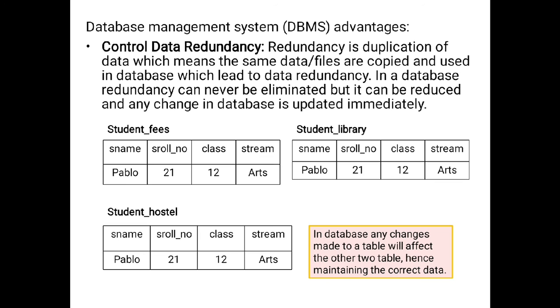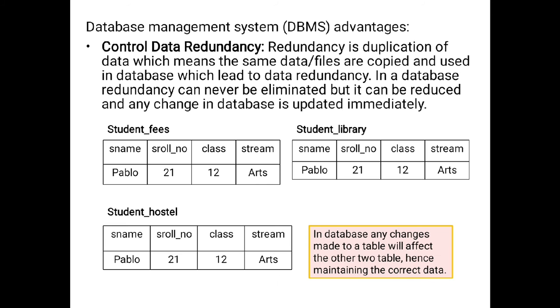In the student fee structure, suppose the student Pablo has paid the fees, that will be reflected in the student library and student hostel. Or, as a more practical example, suppose the student name changes from Pablo to Pablo Smith, a surname is added.